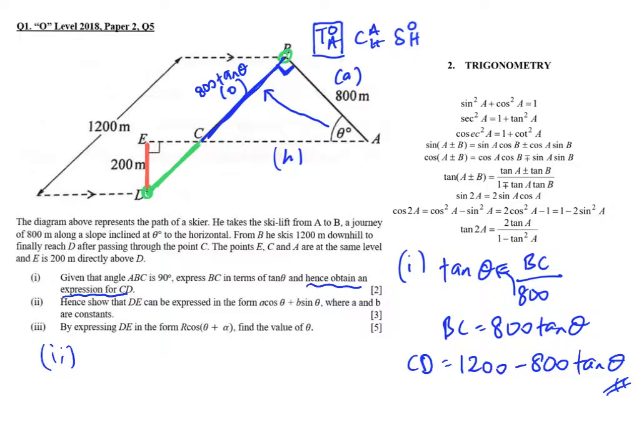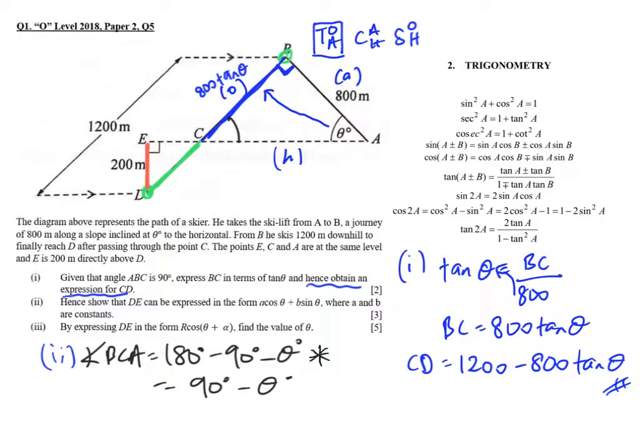So if you look at angle BCA, angle BCA is just 180 degrees minus 90 degrees minus theta, which is at the end just 90 degrees minus theta degrees. If you're fast enough, you can even skip this step for a right angle triangle and jump to this step to find the angle BCA.